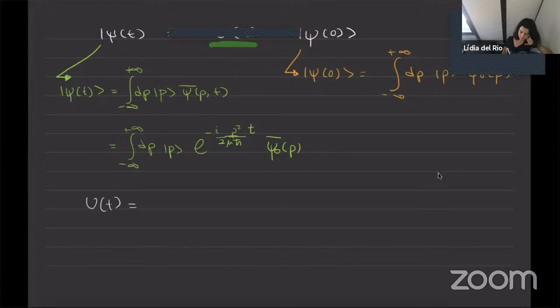So in general, we can write it as minus i, the Hamiltonian, times t divided by h bar, which in this case is what?